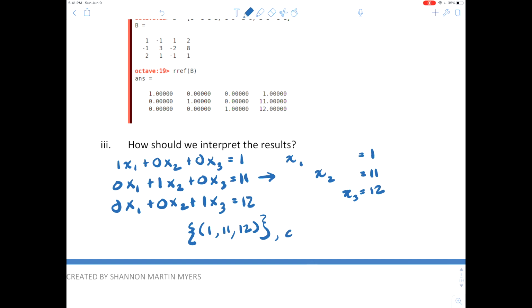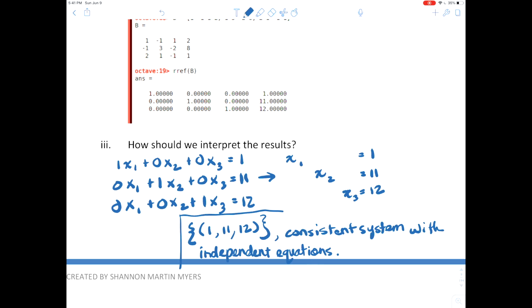And this is a consistent system with beautiful independent equations, because we did not get infinitely many results, right? And we are done. Cool.